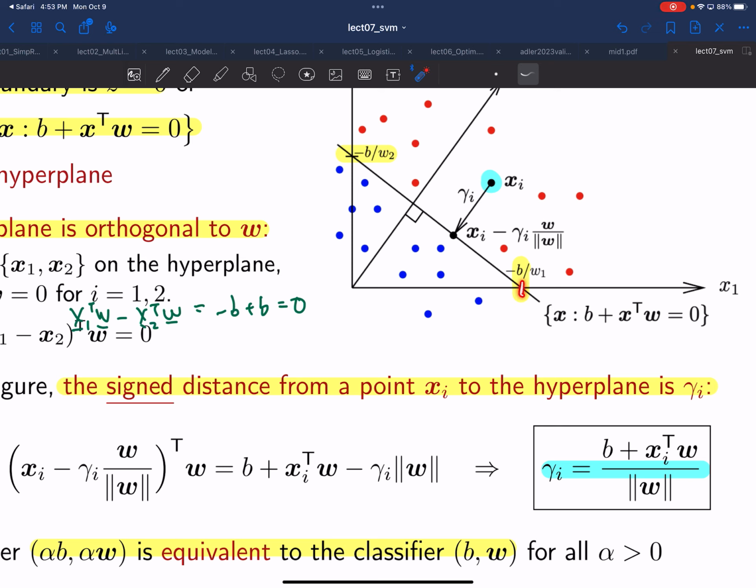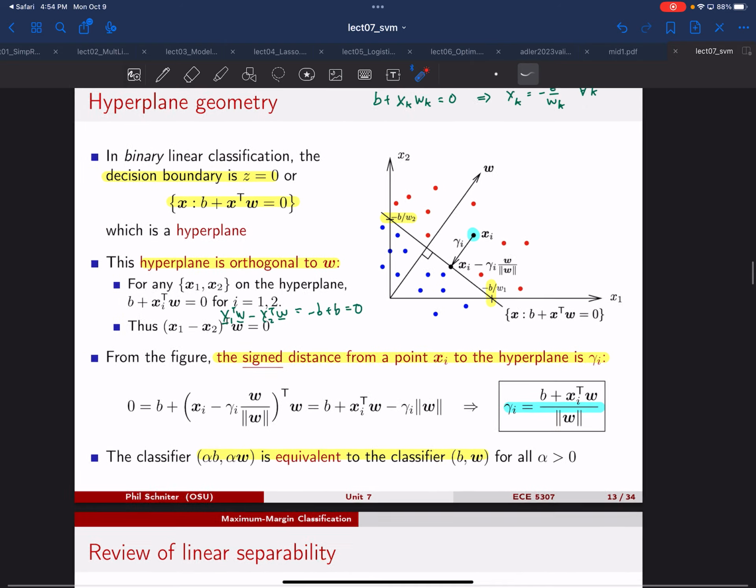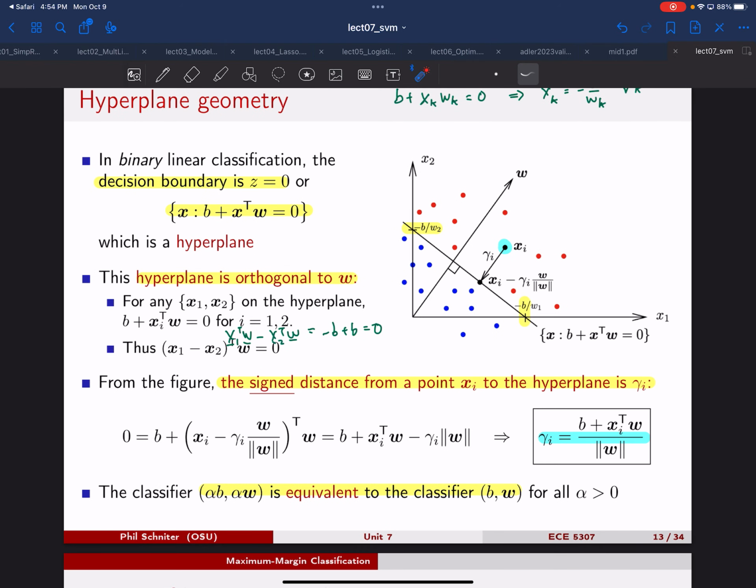So this doesn't change location at all. The only thing that changes is the amplitudes of the scores. If this is z and I double this stuff, then z would be twice as big as it was before. That's all that changes, but the decision we make, which is the sign of z, won't change. Okay, so those are just a few facts that we need to know, and then we'll put them together in just a moment.